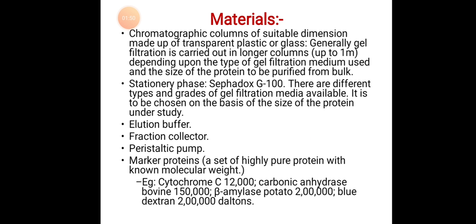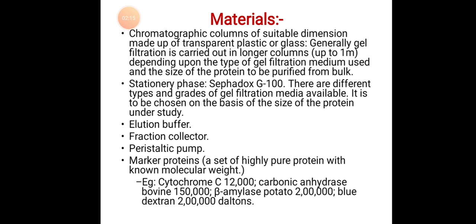Materials: chromatography columns of suitable dimension made up of transparent plastic or glass. Generally, gel filtration is carried out in longer columns, up to 1 meter, depending upon the type of gel filtration medium used and the size of the protein to be purified from the bulk. Stationary phase: Sephadex G-100. There are different types and grades of gel filtration media available.